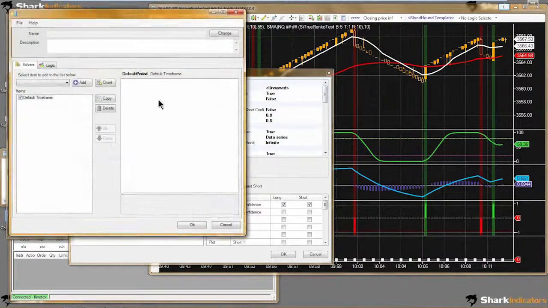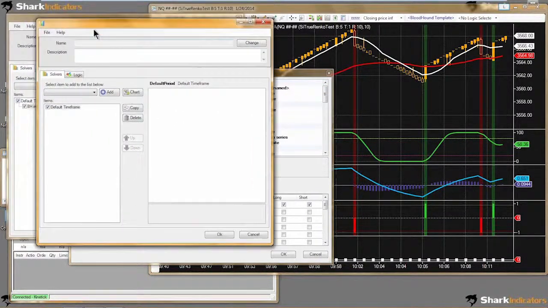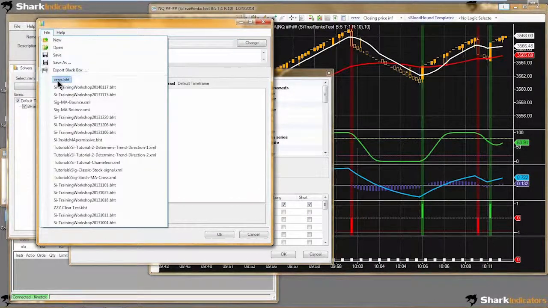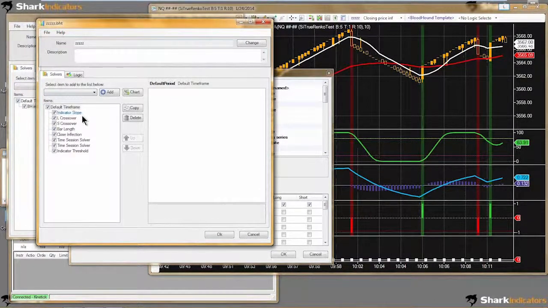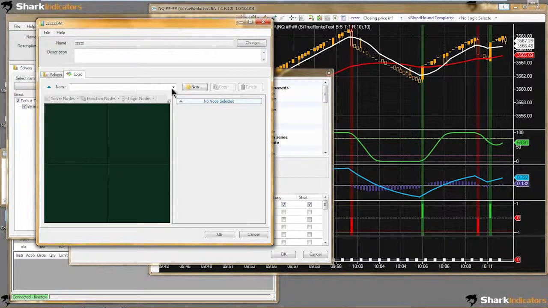And we have to load the file, right? Load a template file into BloodHound. So let's load this test one here, and I'm going to set it to this closing price inflection.